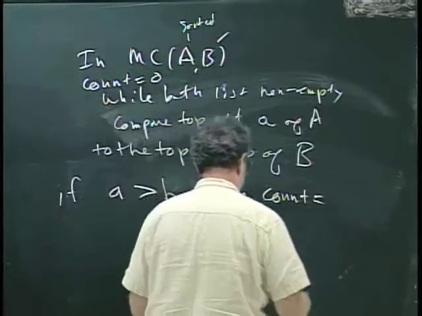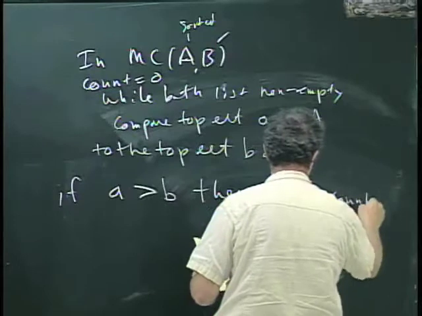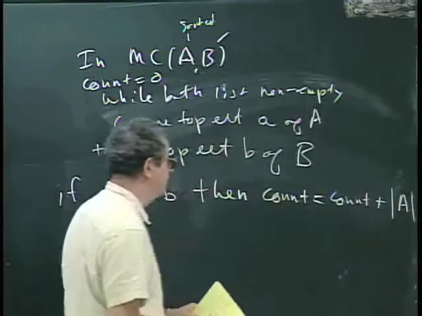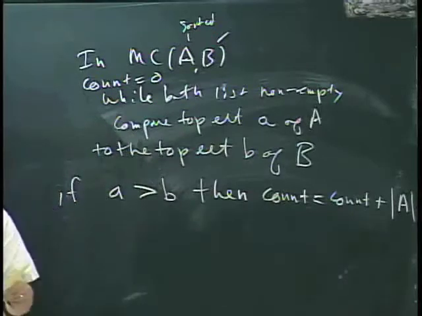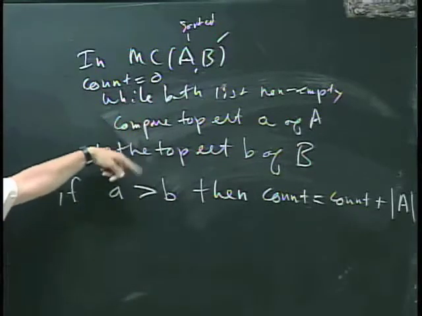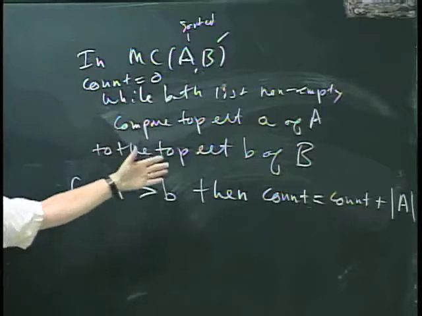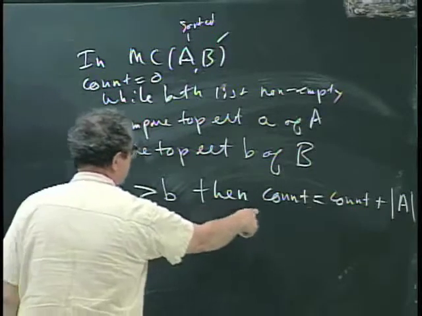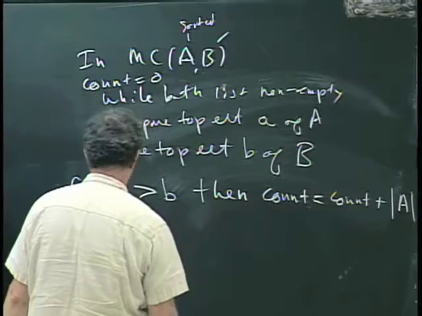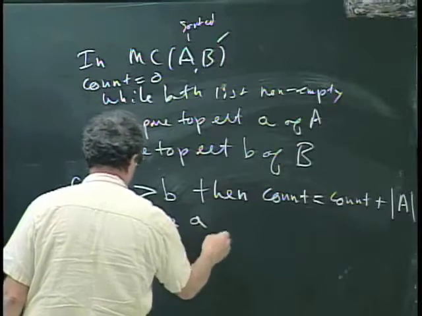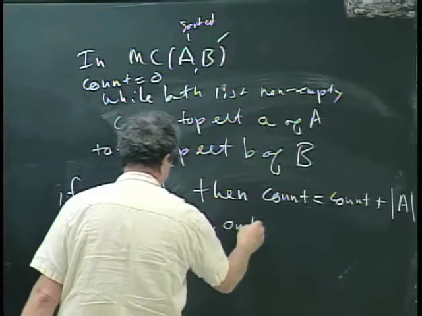Count equals count plus the size of A. And by size of A, I don't mean the original size of A, I mean the size of A at that moment. Because as we're doing this comparison, you're outputting elements, you're removing elements. If a is bigger than b, then count equals count plus the size of A, and then we remove a and output it.